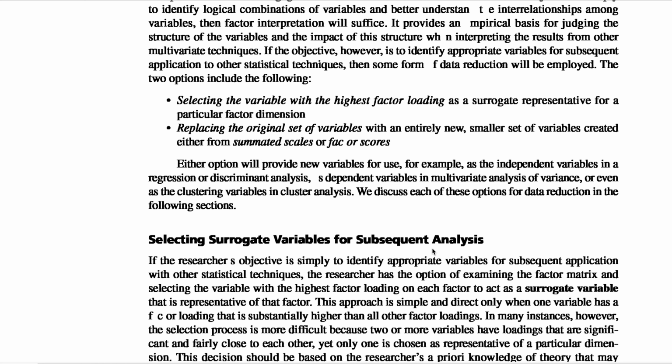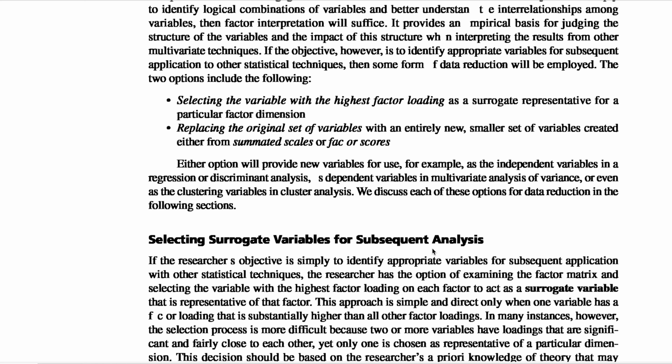Either option will provide new variables for use, for example, as the independent variables in a regression or discriminant analysis, as dependent variables in multivariate analysis of variance, or even as the clustering variables in cluster analysis. We discuss each of these options for data reduction in the following sections.